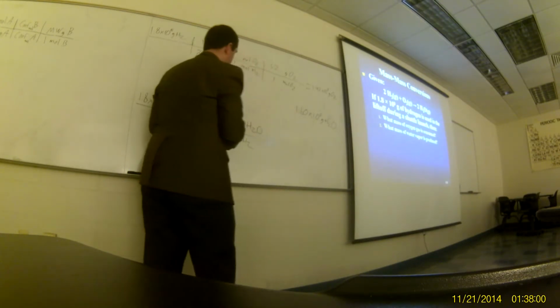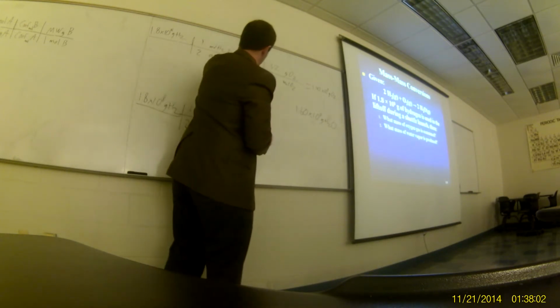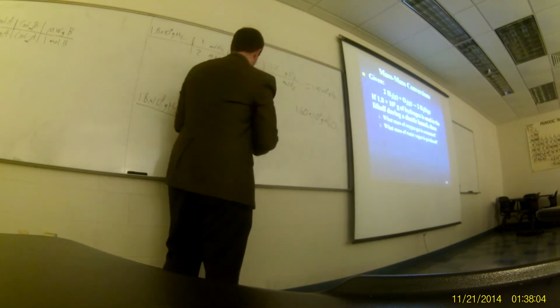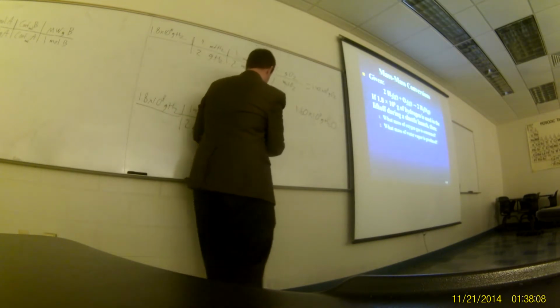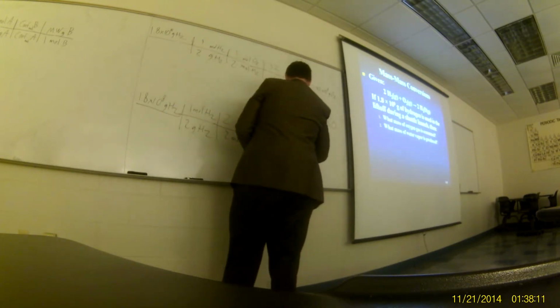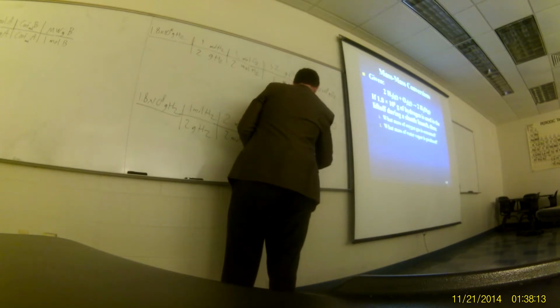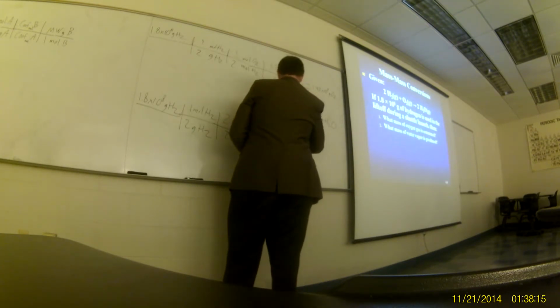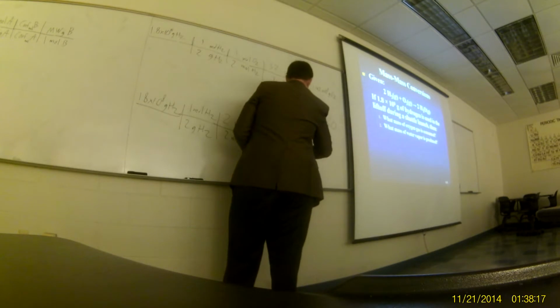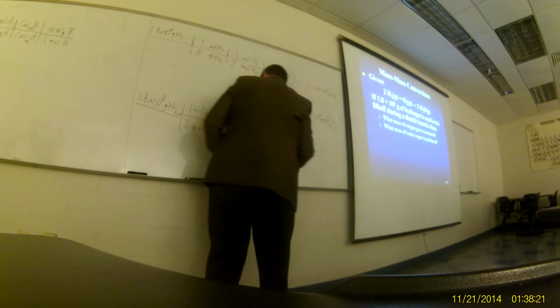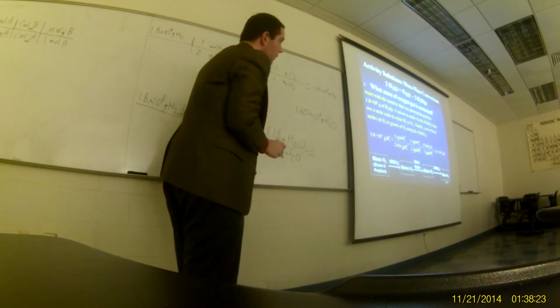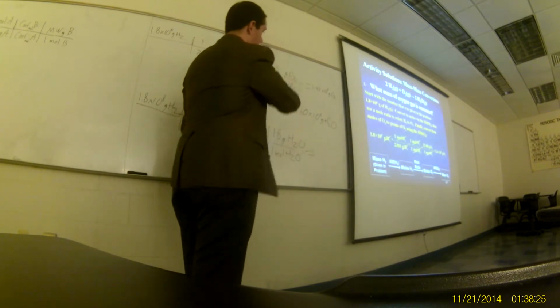This is where the problem changes. Right here, instead of oxygen, I need water, and water is a 2. Water is 18 grams. So you put that in your calculator, and hopefully you get that same number.